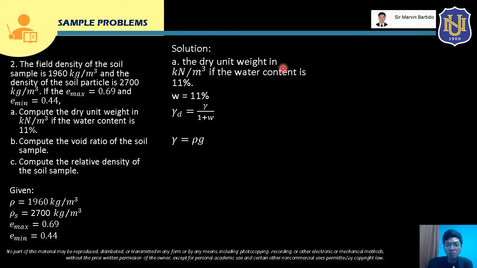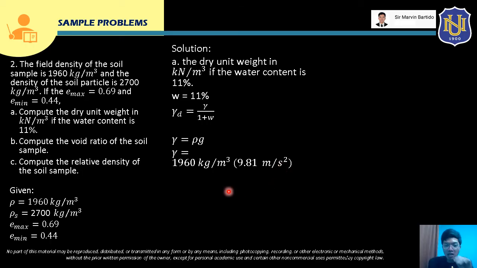Okay. So class, converting the moist density to moist unit weight, that is gamma is equal to rho times g, wherein the g dito, class, this is the acceleration due to gravity, and this is in SI unit, since kilogram per meter cube. So we will multiply it by g, which is 9.81 meter per second squared.